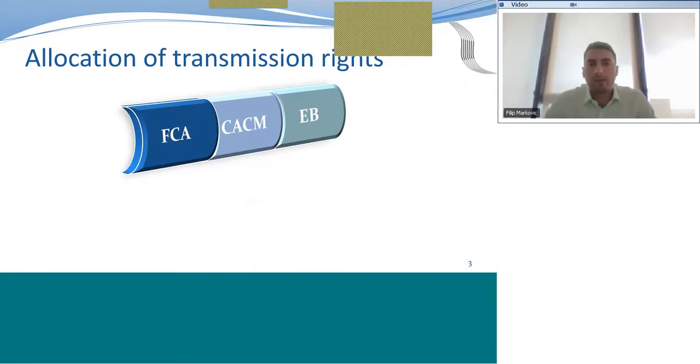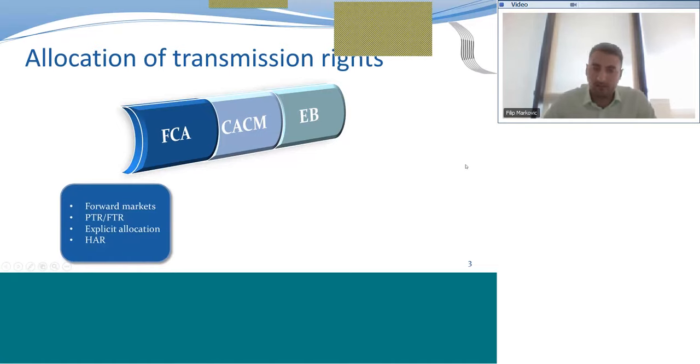When we are speaking about allocation of transmission rights, we have to mention the background, meaning the documents that prescribe that allocation. Those are market codes developed within the third energy package: FCA, CACM, already mentioned by Arben, and of course electricity balancing. These codes are developed with the aim to boost the harmonization on electricity markets. They actually refer to different markets, meaning different time periods.